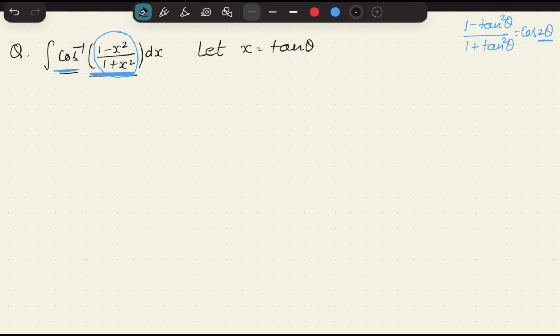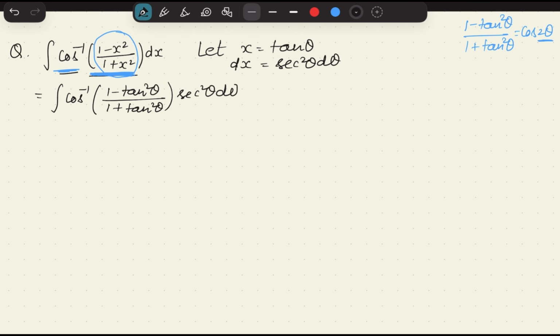So x is equal to tan theta. Now after differentiating, dx is equal to sec square theta d theta. Now we put these values in our integration, we get cos inverse of (1 minus tan square theta upon 1 plus tan square theta) into sec square theta d theta, because dx is equal to sec square theta d theta.